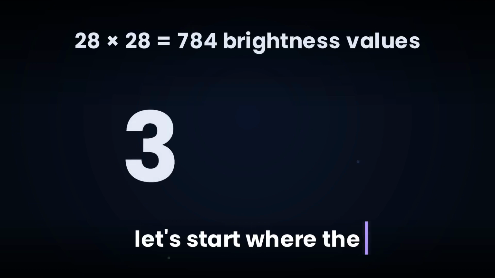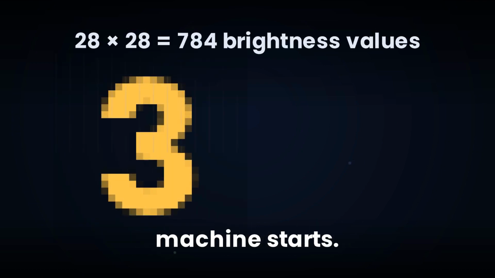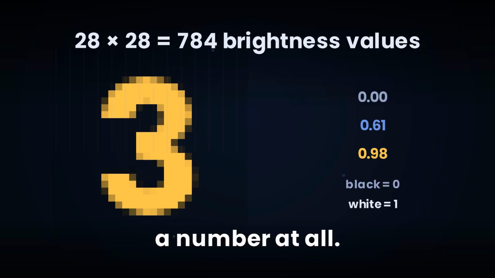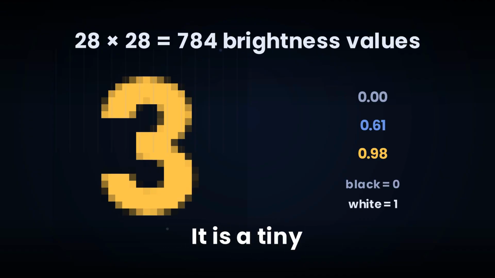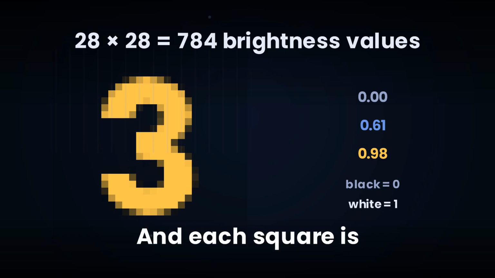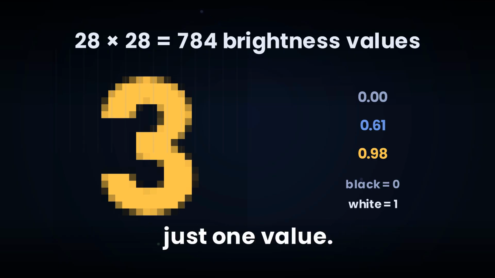So let's start where the machine starts. To a computer, this image is not a number at all. It is a tiny grid. 28 pixels across, 28 down. 784 little squares. And each square is just one value.